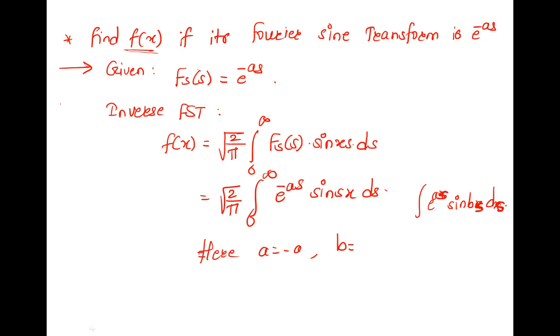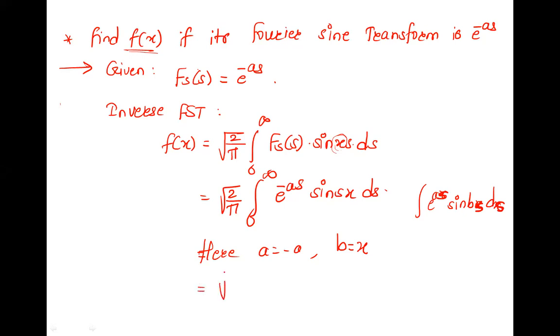So now you can tell me A and B. A is minus a, sin bs, so B should be x. Variable matters. As it is with respect to s, s is the variable and the constant is x. That's why I write it as sin xs, so you can understand x is that B. Are you getting it? So B is x in this case.